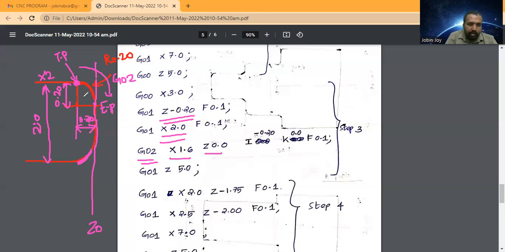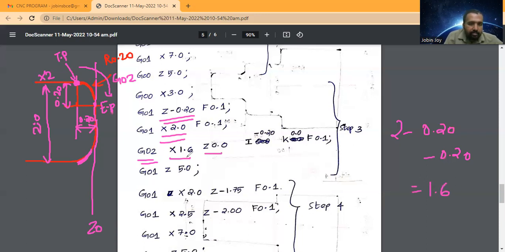So the X value: here you can see this arc radius is 0.20. So 0.20 of material is removed from both sides, so I have to subtract 0.20 and 0.20 from 2, and that value is 1.6.